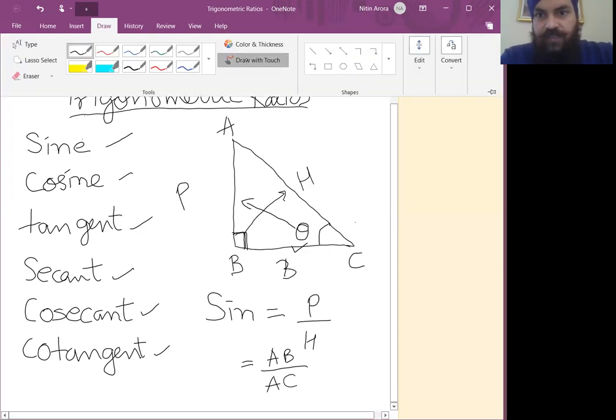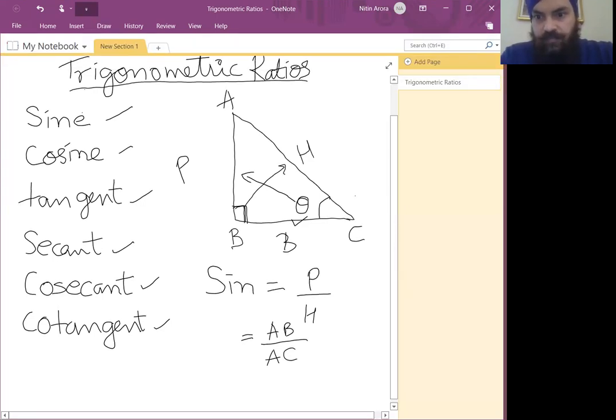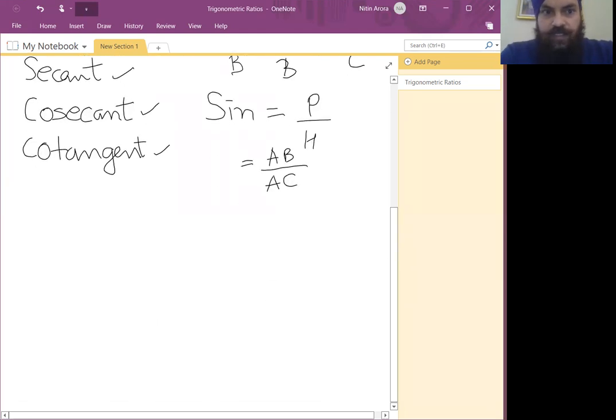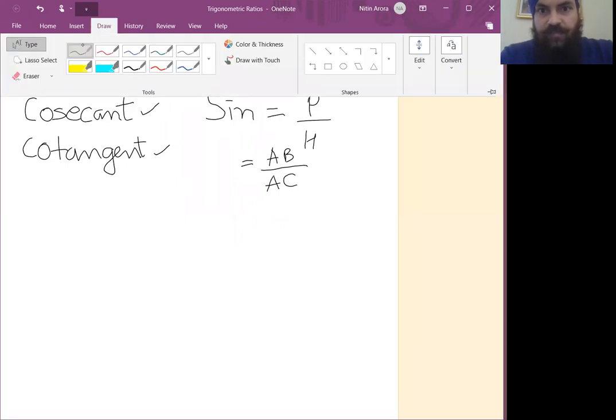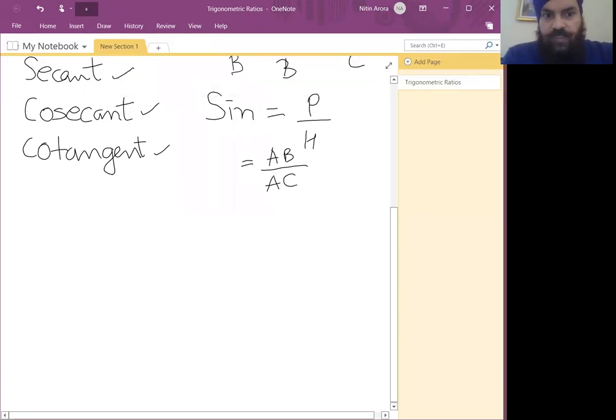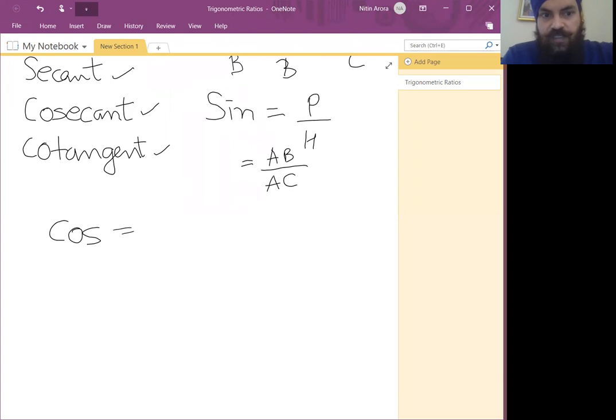And then the next is cosine. Cosine is defined as the ratio of base to the hypotenuse. In short, it can be written as COS, which is equal to the ratio of base, that is B, over hypotenuse.